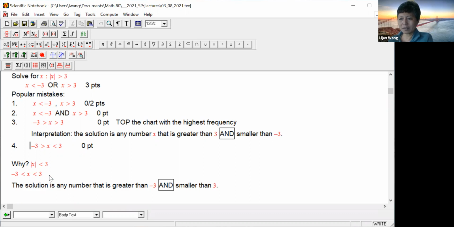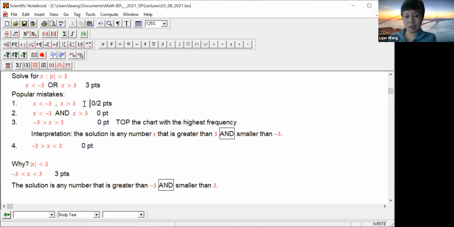This is correct. This is going to get you 3 points in this context. But this is going to get you 0 points. It's very frustrating for me. Most of us probably get used to it because we expect this kind of mistake to show up. But I really don't want that to happen to you.